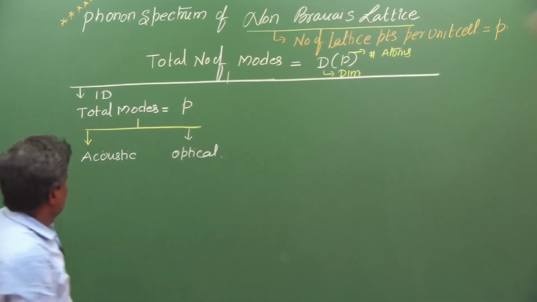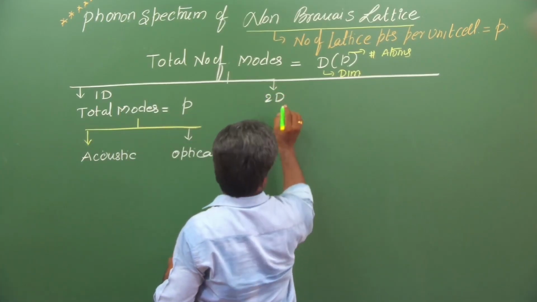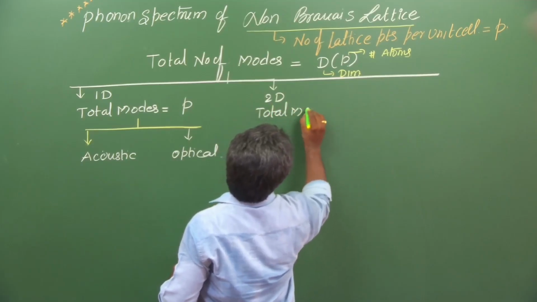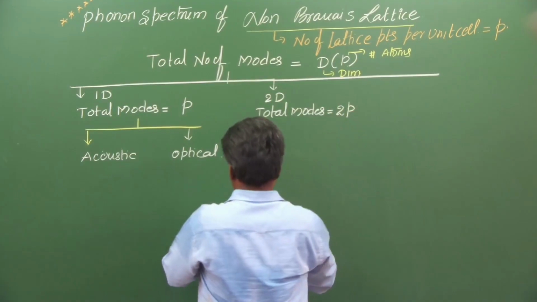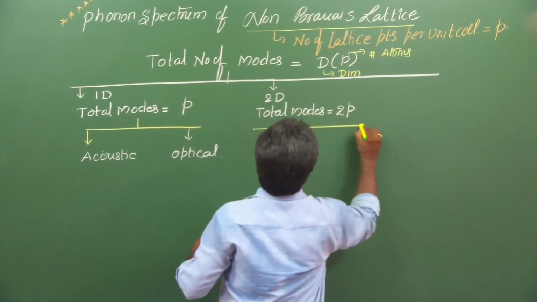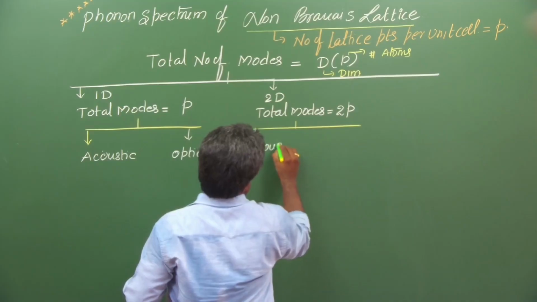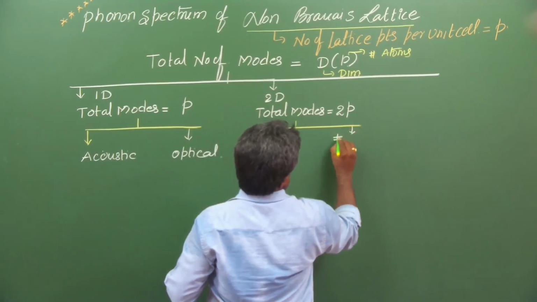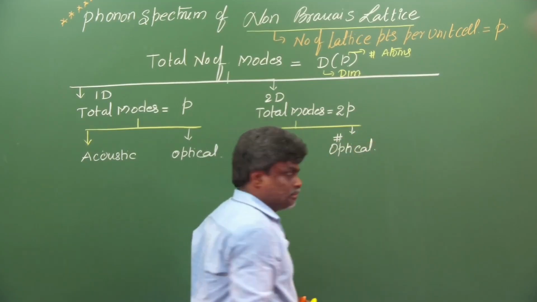Next, if I take two dimensions, that means a 2D lattice, very important. The total modes of the phonon spectrum is 2P. Again, this has acoustic branches and, as usual, optical branches.